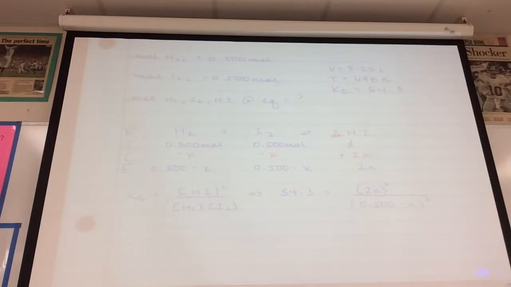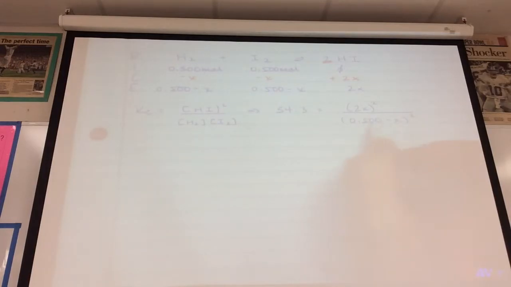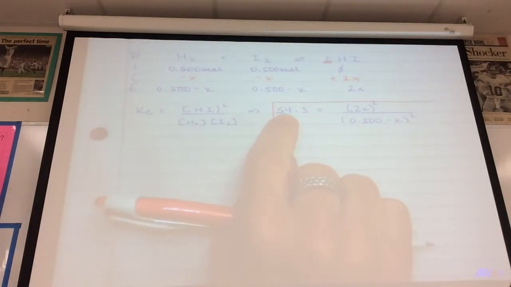How do I solve for that? Can I take the square root of both sides? Sure I can, because this is squared, so the square root of it would just be that. So I'm going to take the square root of everything. Now without a calculator you'd get a nice number like 49, but the square root of 49 is what? 7.